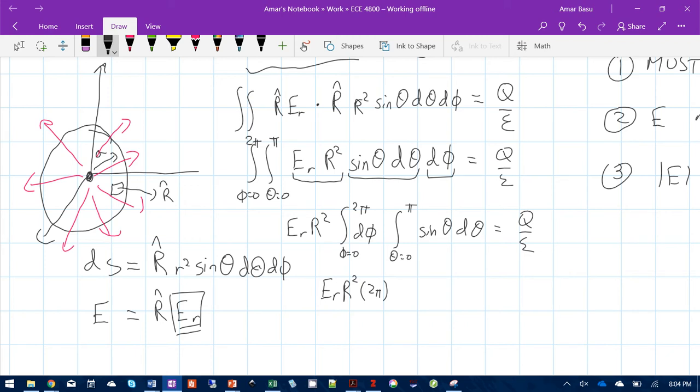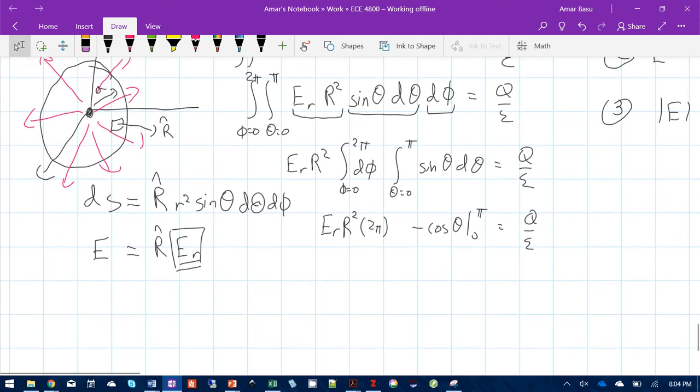What's the integral of that? Okay, negative cosine of theta from 0 to pi, equal to q over epsilon. And this one comes out to 2, 1 plus 1. So this comes out to 4 pi r squared.